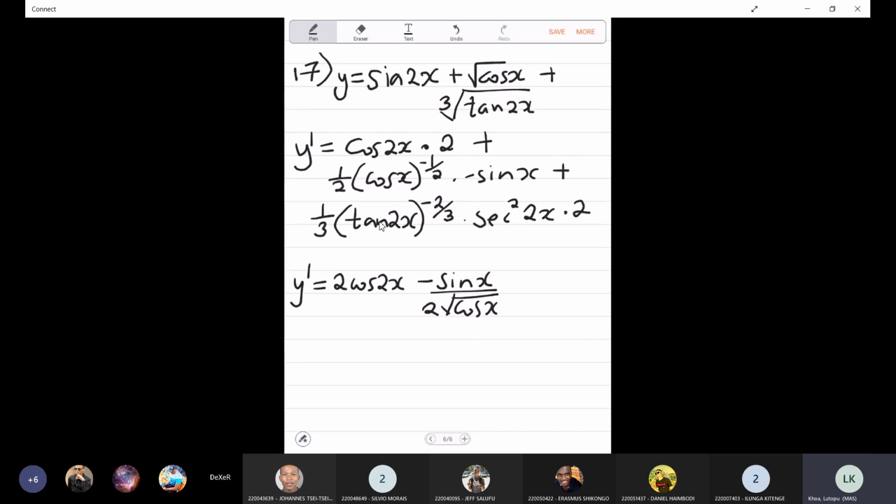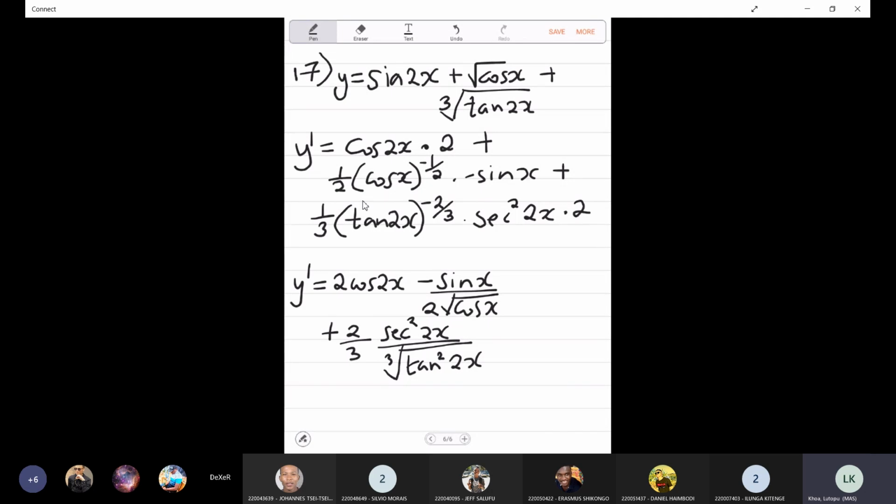And then here you have 2 over 3 sec squared 2x over the cube root of tan squared of 2x. So that's what we have for number 17.